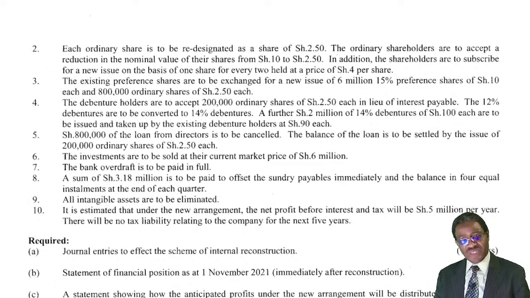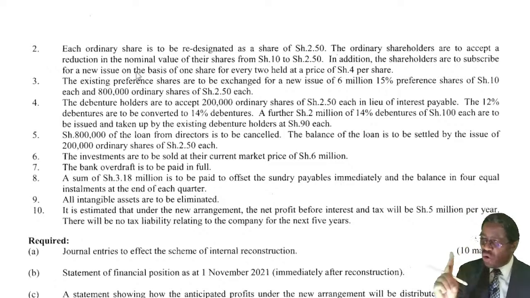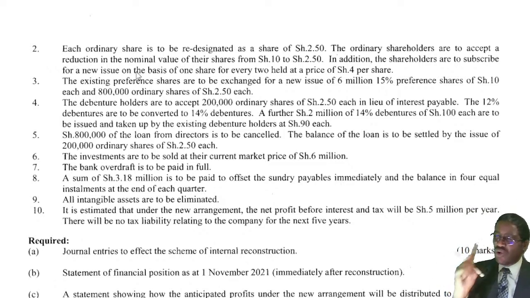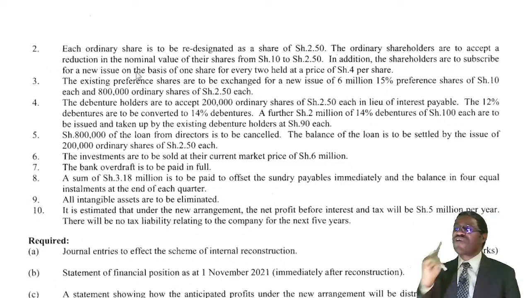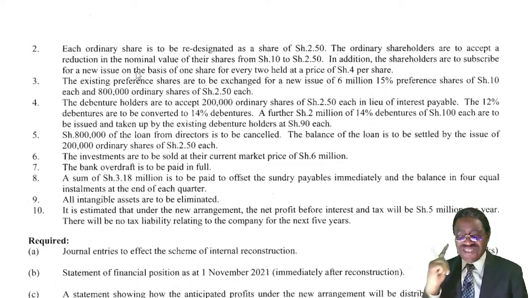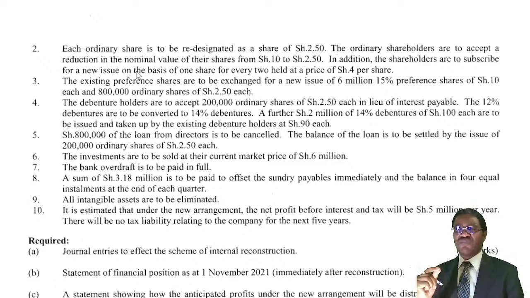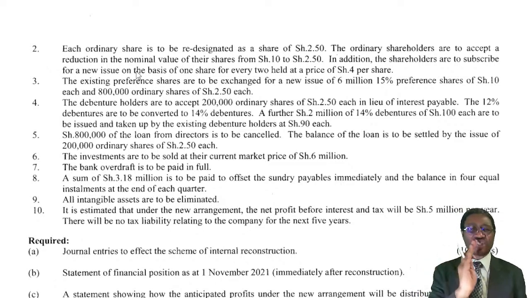So the question is, how much are you crediting the share capital with? Listen, you cannot credit their capital account by 4 million. I want you to get the trick here. Remember, listen carefully. Our company had a share of 10 previously.